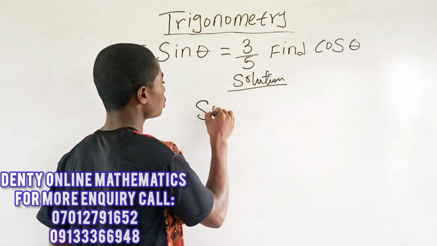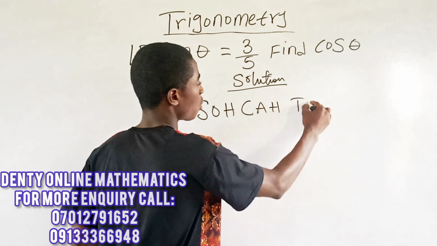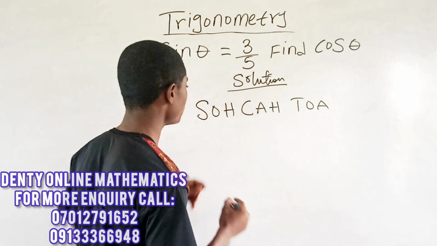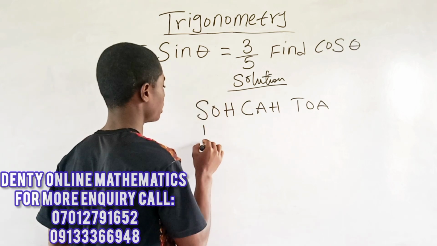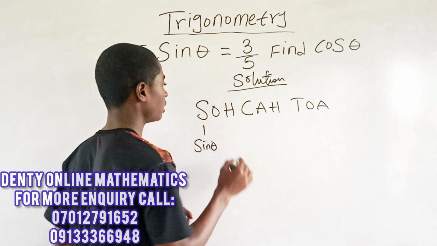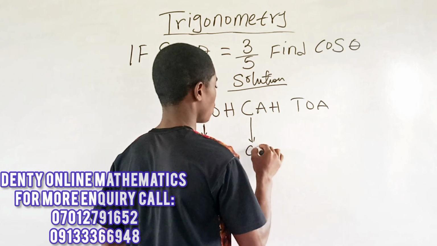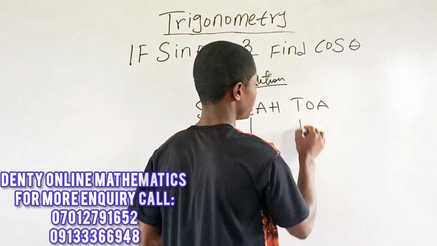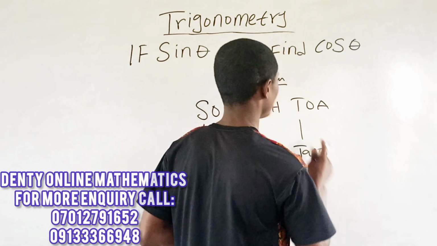Now, you need to know about SOH CAH TOA. The S stands for sin theta, the C stands for cos theta, and T stands for tan theta.